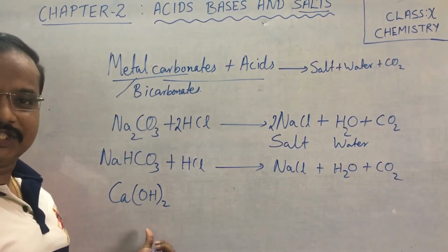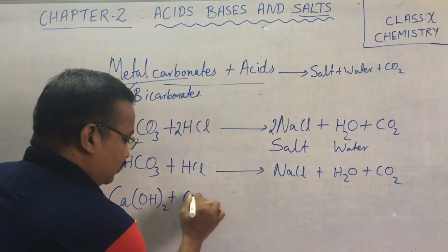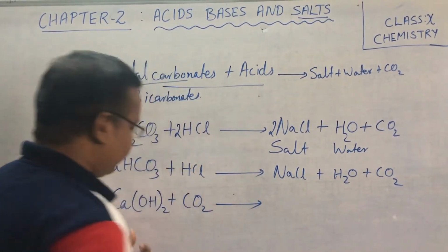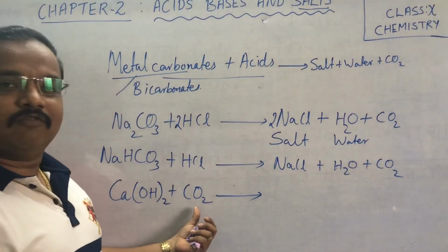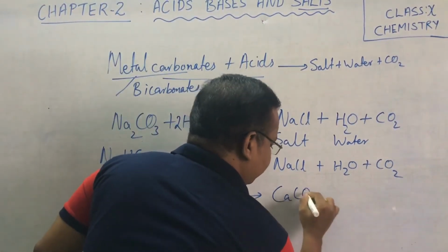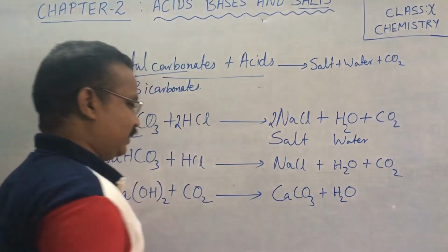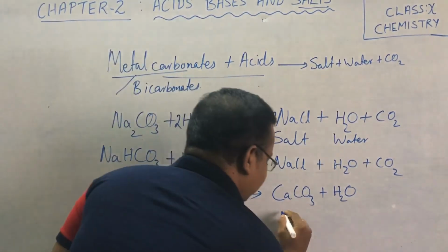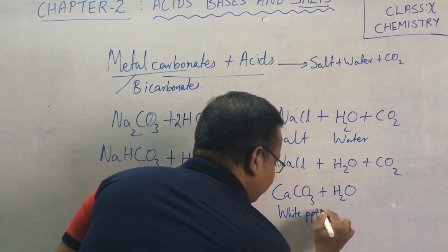Lime water is calcium hydroxide. On reacting with calcium hydroxide, our lime water turns milky by producing calcium carbonate plus water. Okay, so this calcium carbonate is a white precipitate.